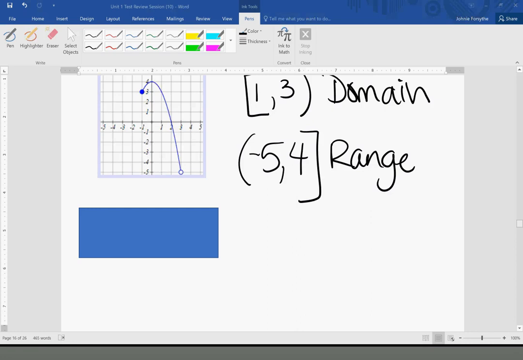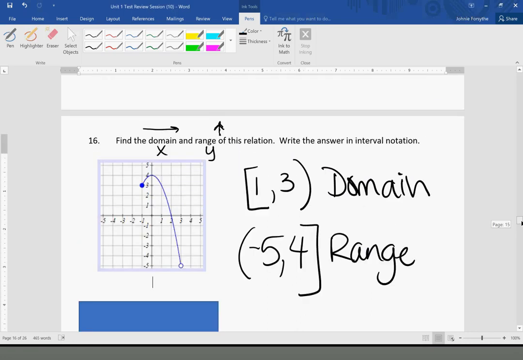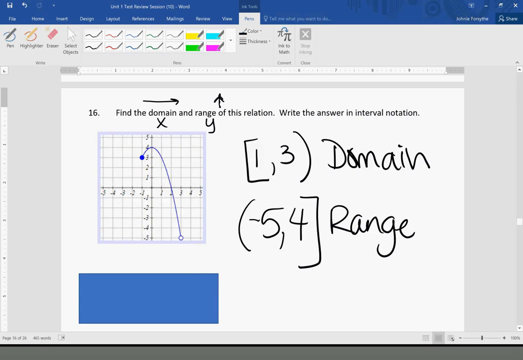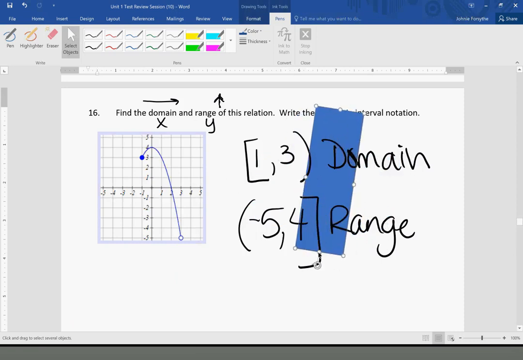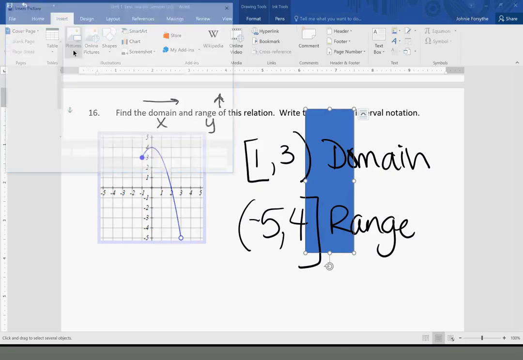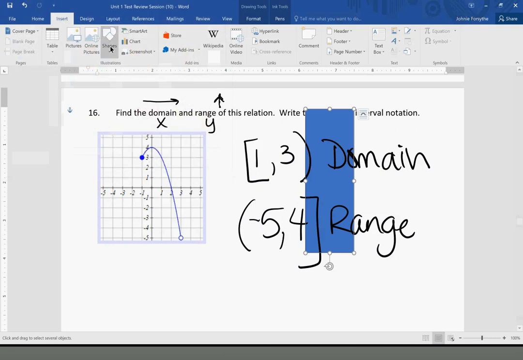Great. Okay. So one more time. So your domain is referring to your x values. So left to right. So the blue is what we're looking at. So for your domain, let me do another one of these picture.